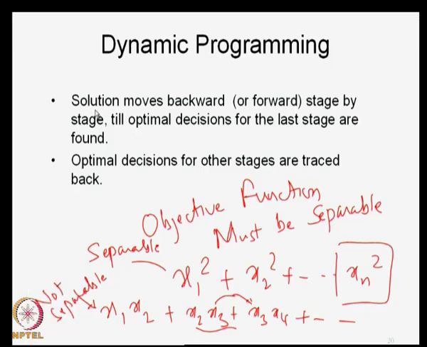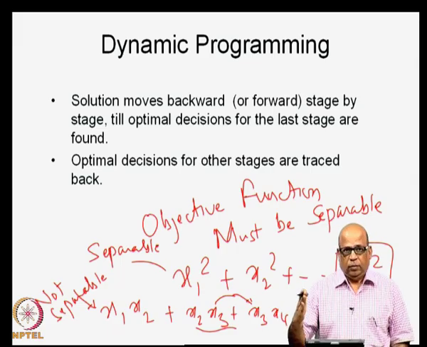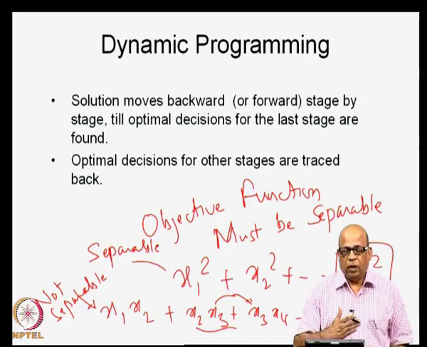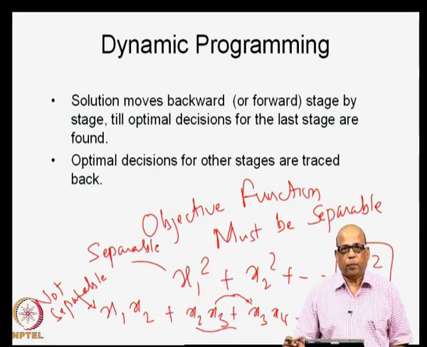Now, the solution moves backward or forward. I say here, there are certain problems where you need to move only in the backward direction, because the last stage, let us say you are talking about time horizon, you may fix the boundary condition, so to say, at the end of the last time period.